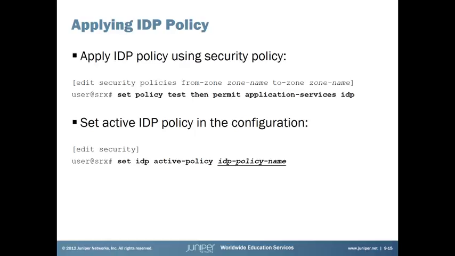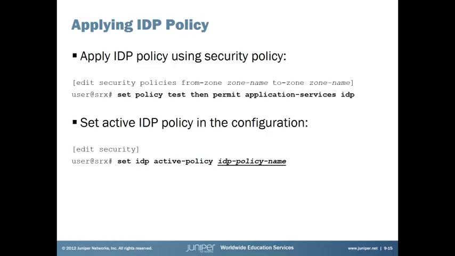Typically you would have an internet zone, or whatever you call your untrust zone, your external zone, and you've got another zone which may be your internal zone, where your network is. So we will have a policy that controls traffic flow from your external zone into your internal zone. You will have a policy already in place that controls that.